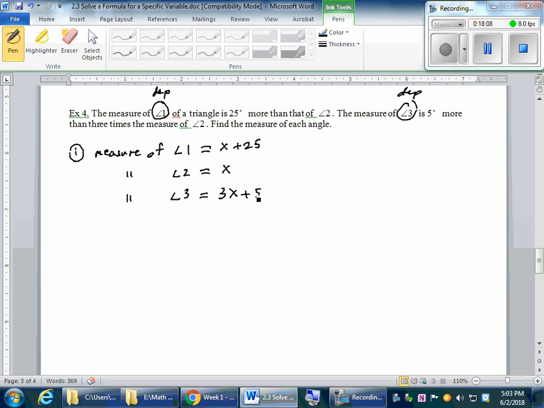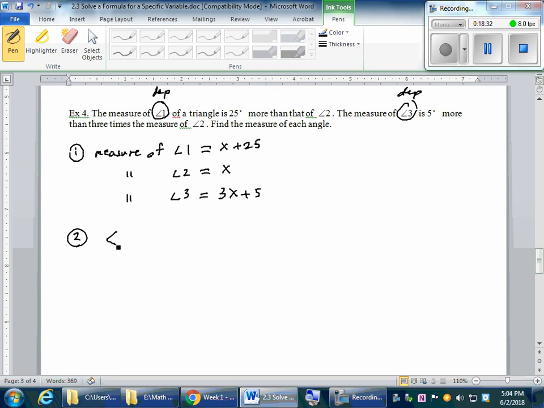Now this time we are talking about the angles of a triangle. So previously we mentioned that adding up all the interior angles of a triangle gives 180 degrees, and that allows you to set up the equation. Now, the problem will never give you that information. You have to remember that. Okay, that's a theorem.